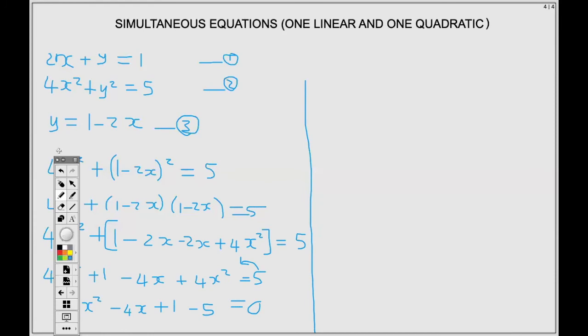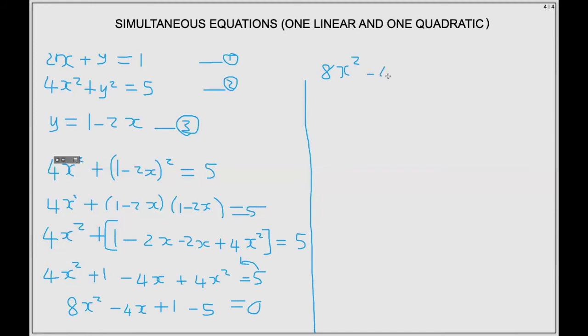Now simplifying further, we have 8x squared minus 4x, and then 1 minus 5, that's negative 4.